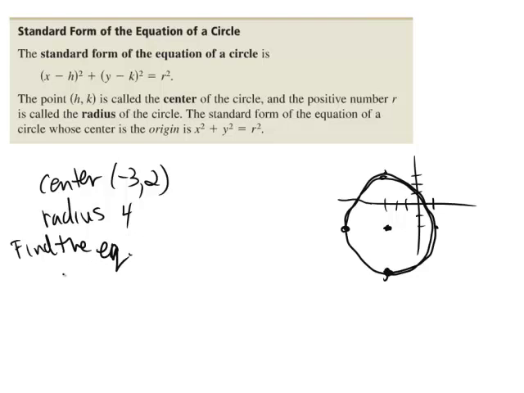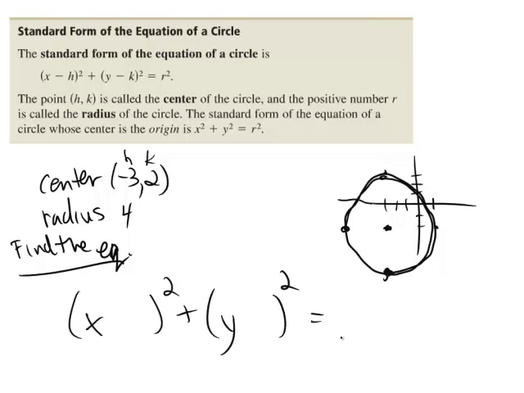In standard form, so we're just going to plug in h, k. This negative 3 is an h. This 2, that's a k. So when you go into the formula, it has this sort of format to it. Be careful though, you're supposed to subtract the h, and subtract the k.